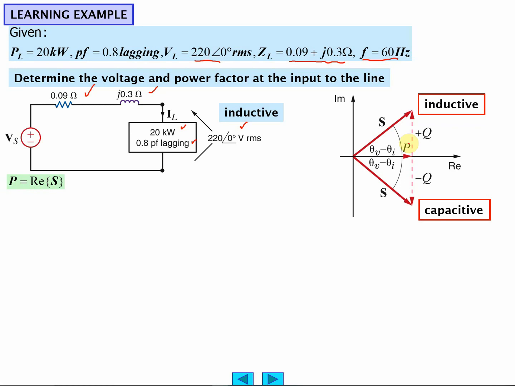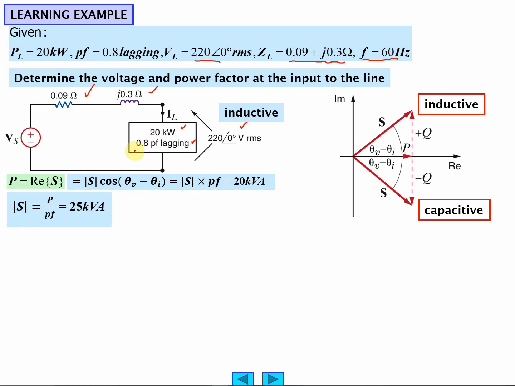So the power, the 20 kilowatts, is going to be the real part of S, which we can write like this. It's going to be the magnitude of S times that power factor, or 20 kW. So the magnitude of S is going to be the 20 divided by 0.8, or 25 kVA.